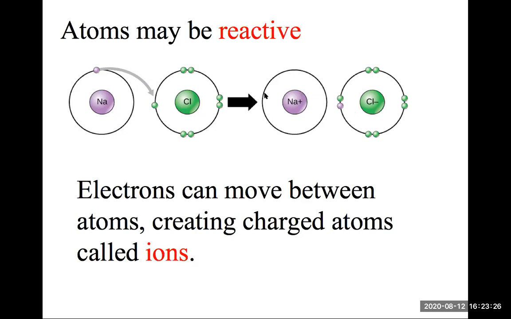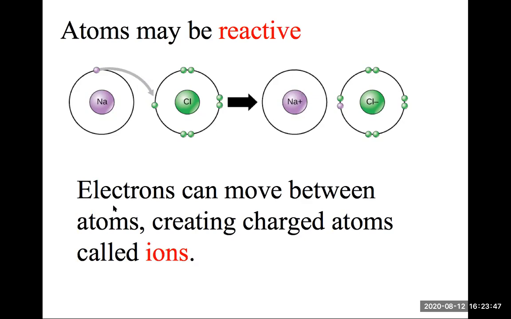But you should understand that certain types of atoms are much more reactive than others. And those reactive types of atoms are exactly the ones that make up our body, because our body is made of lots and lots of macromolecules, and you can't make a macromolecule if an atom is not reactive.